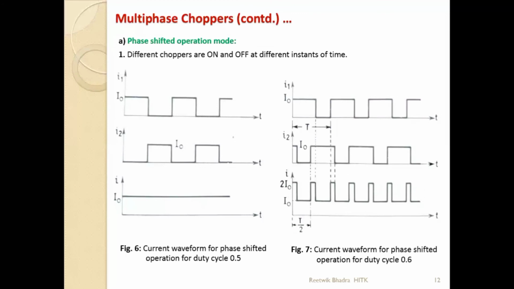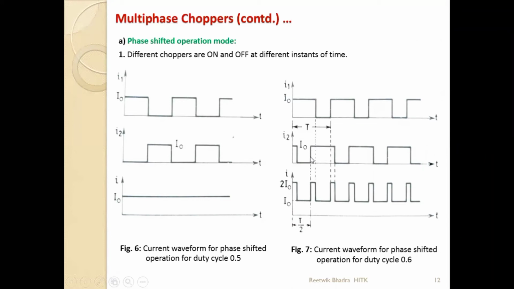So two instances are discussed here. That means when CH1 is on completely, CH2 will be completely off. This is the first instance: when CH1 is on, I1 is high and I2 is completely zero. Another instance can be when, even though CH1 is on, CH2 also has some current flowing through it.